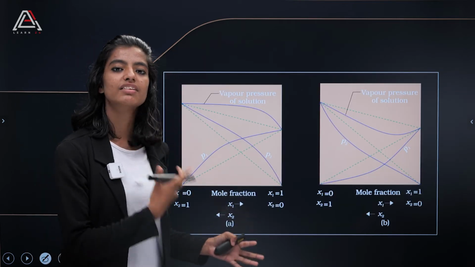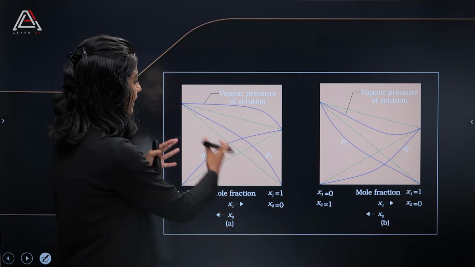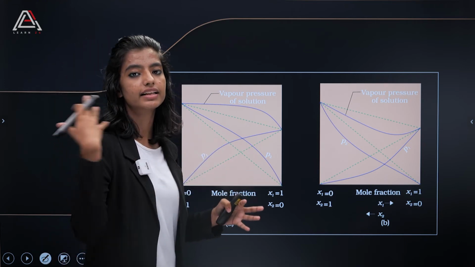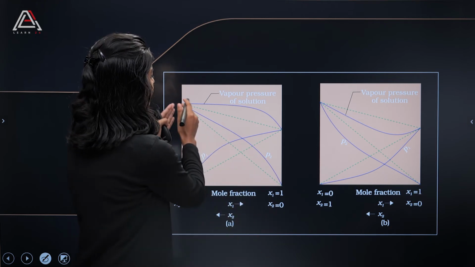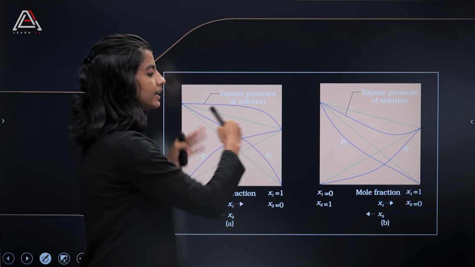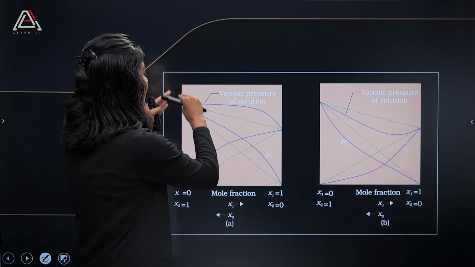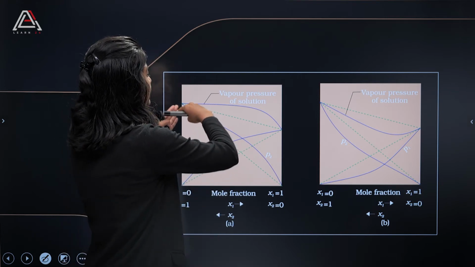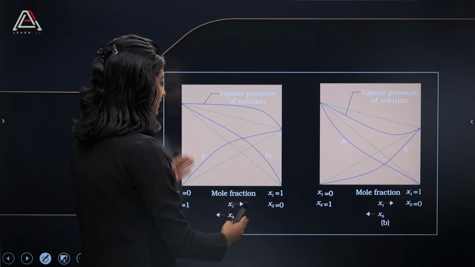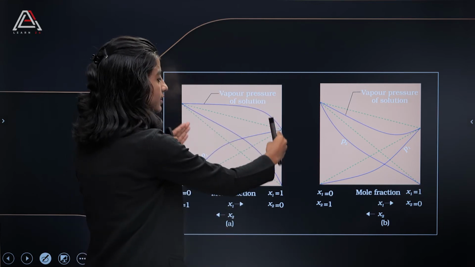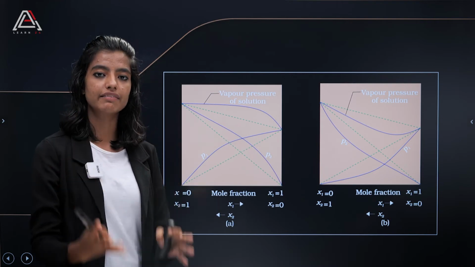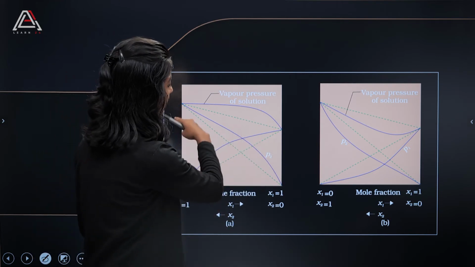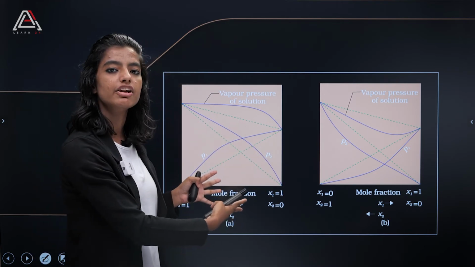Let me explain it with a graph. This graph we explained in Raoult's law, right? These green dots, we already explained. This is the vapor pressure predicted by Raoult's law. If the vapor pressure of a non-ideal solution is higher, we can represent it by the upward curve, and it shows a positive deviation.